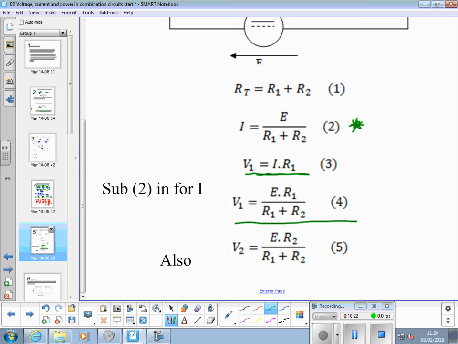And V2, you just substitute R2 for R1, look. Yeah? So you can go straight to that voltage in one step.